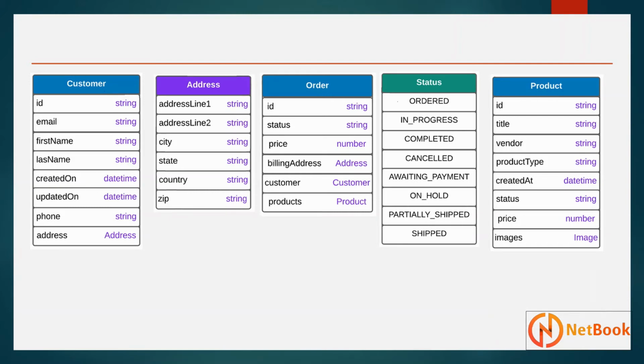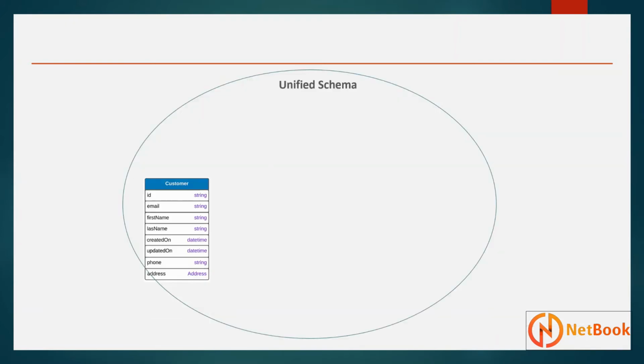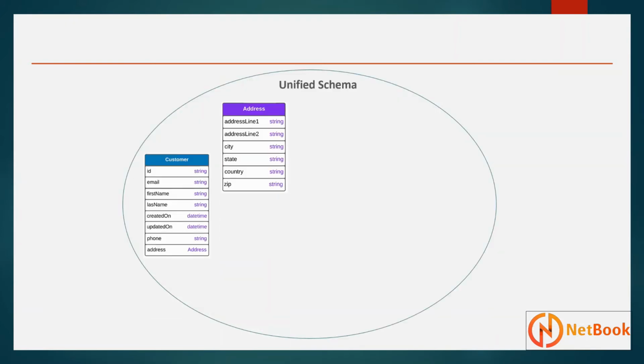Now, all these data objects are metadata within Anypoint platform. As soon as you add these APIs to Anypoint data graph, all this metadata is going to be stored into a single schema that is called a unified schema. So I'm going to add the customer API to the data graph. From the metadata, it will pull the data and add it into the unified schema.